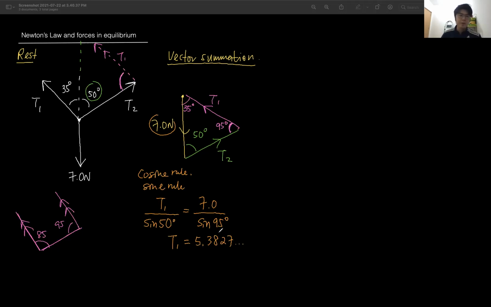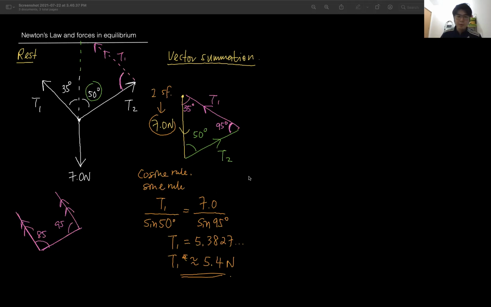Many significant figures. So how many should I take? Look at the question. The 7.0 is two significant figures. Then I take two. So T1 approximates to 5.4 Newton. That's my answer.